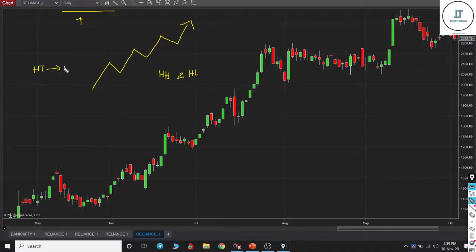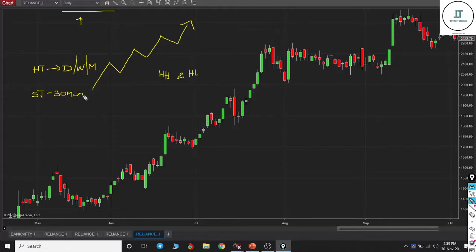Very simple. Looking at charts daily, weekly and monthly are the higher time frames, and a shorter time frame is anything less than 30 minutes.